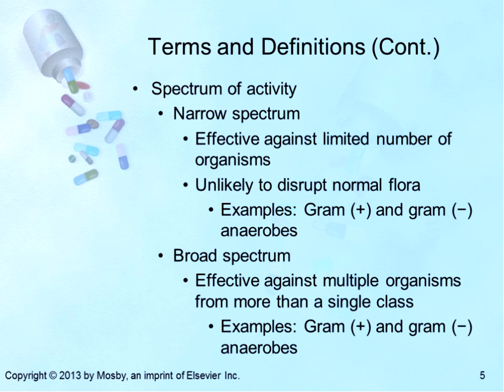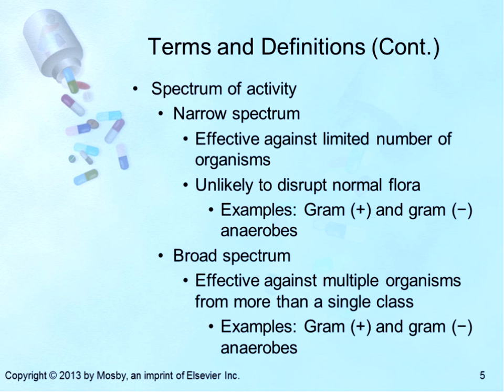So in other words, this is going to depend on what type of resistance is in a specific geographic area. One organism may be resistant in one area, it may not be resistant in another. So we look at the spectrum of activity.